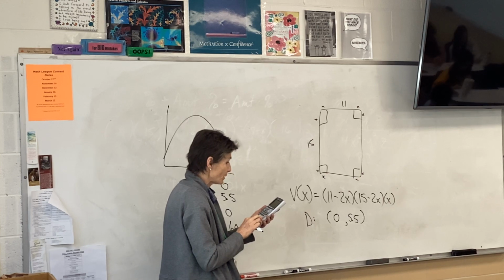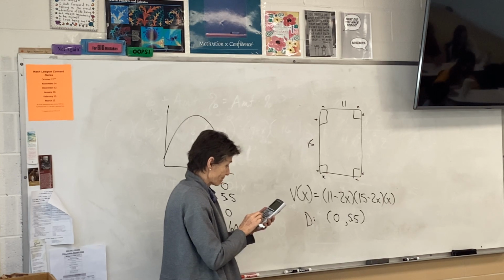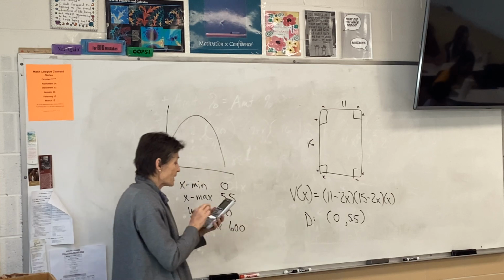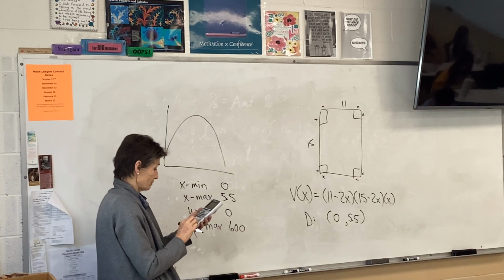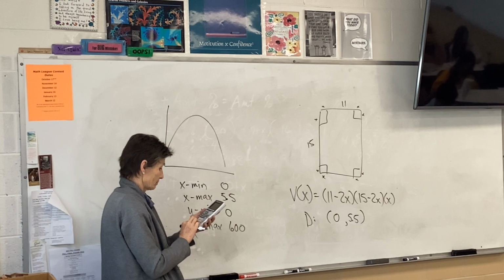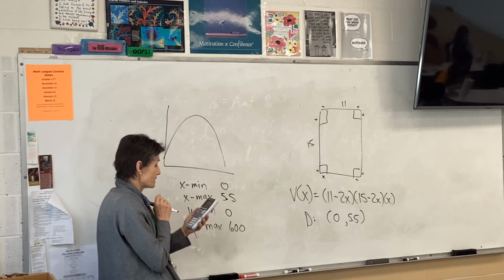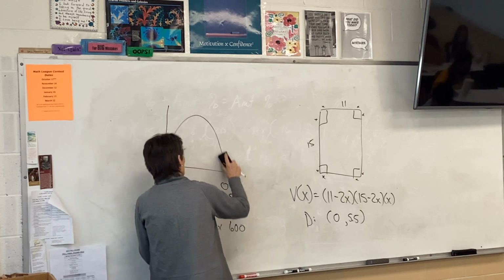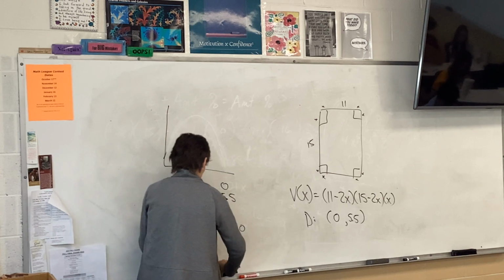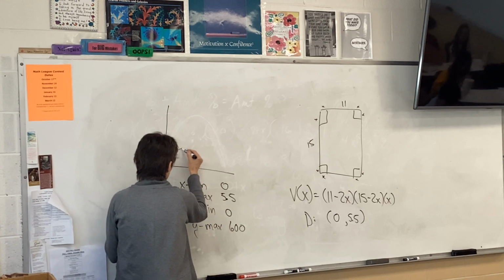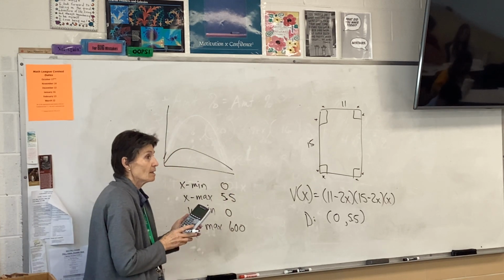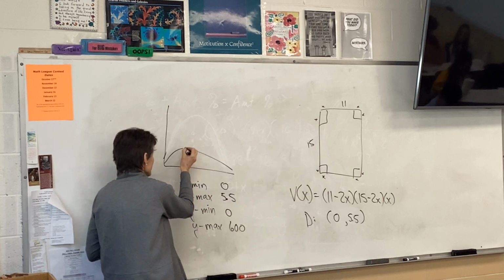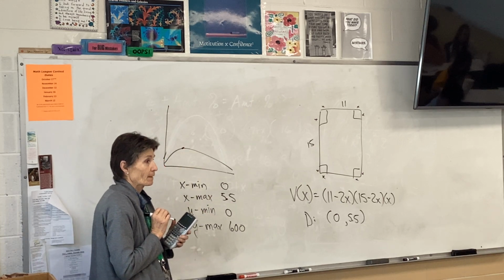You need to type in your new equation and your new window. Okay, it didn't quite look like that. With a window of 600, it looked more like this, but that's okay, because all I care about is that point right there.